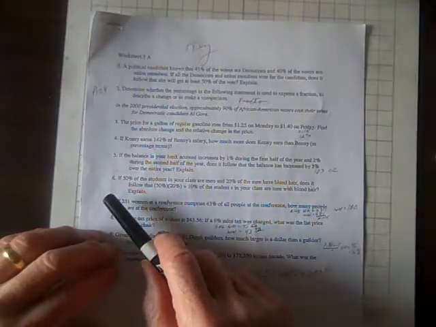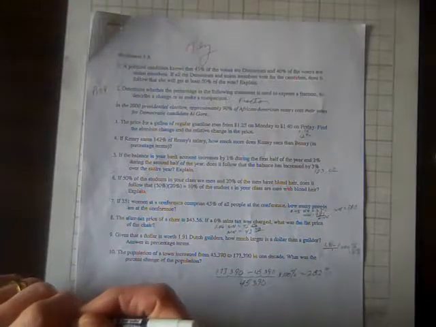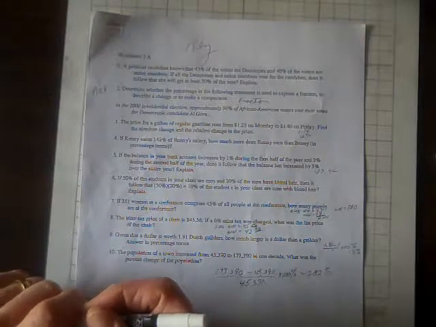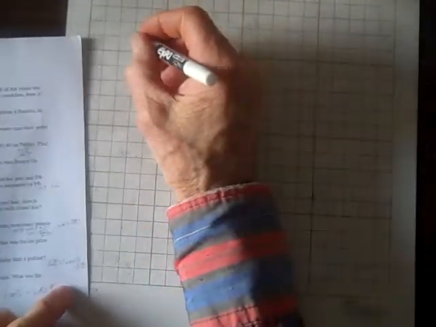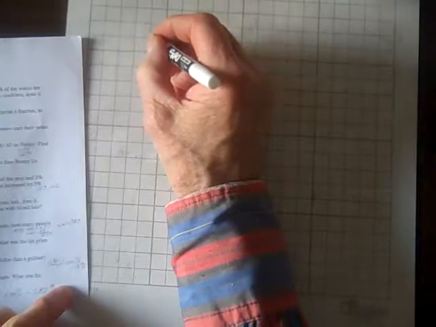Now let's do number three. The price of a gallon of regular gasoline rose from $1.25 to $1.40 on Friday. Find the absolute change and the relative change. So absolute change, let's talk about absolute change.